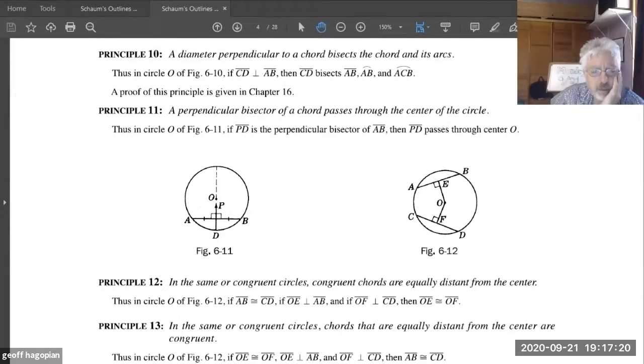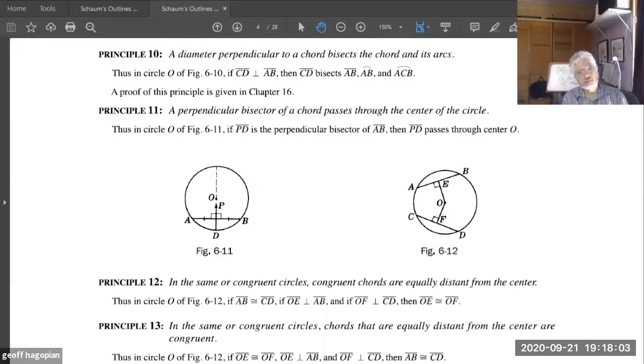If you were to draw the radii AO, BO, CO, and DO, those are all congruent, so triangle AOB is congruent to triangle COD. Then the perpendicular bisector OE makes triangle AOE congruent to triangle BOE, and similarly CFO and DFO are congruent.